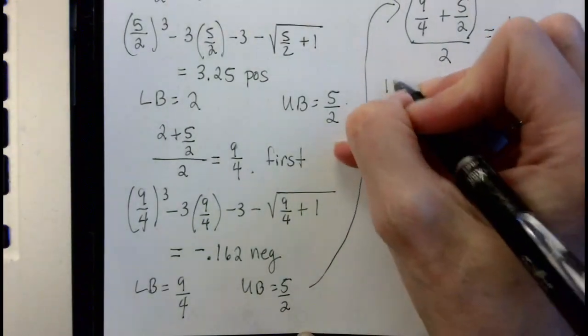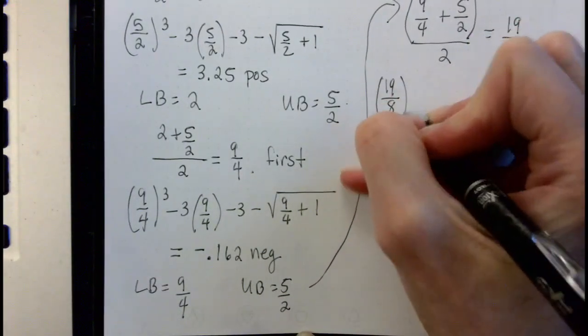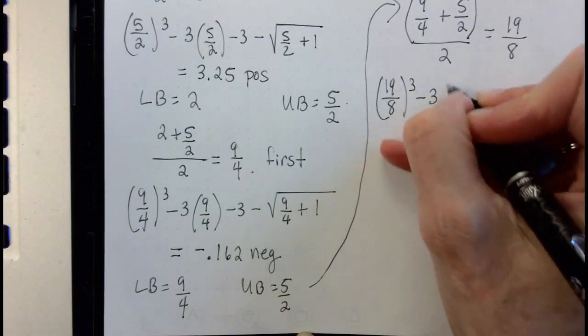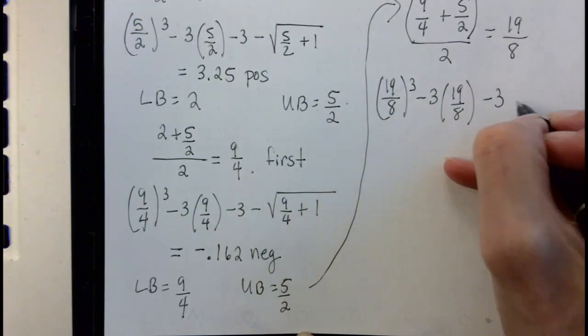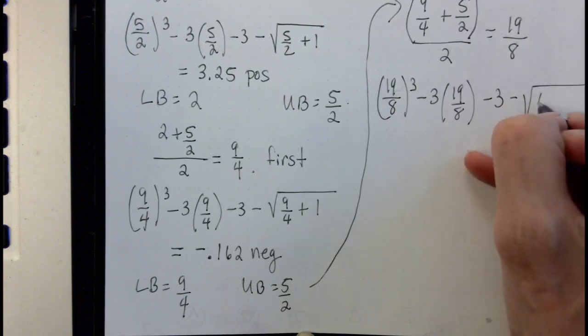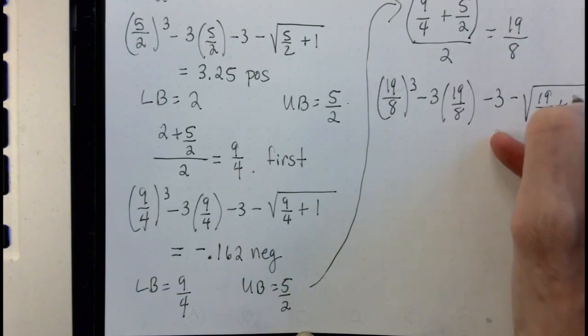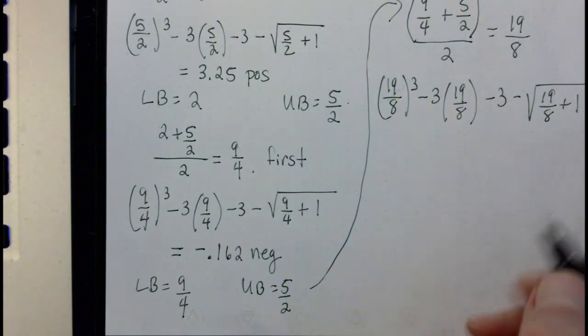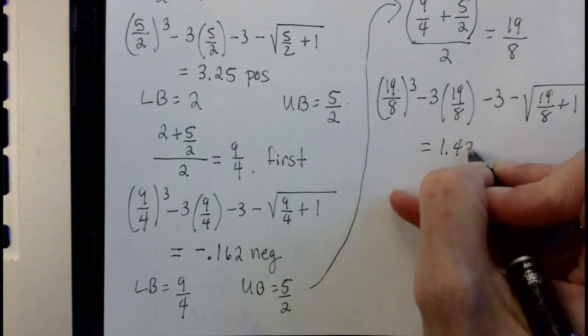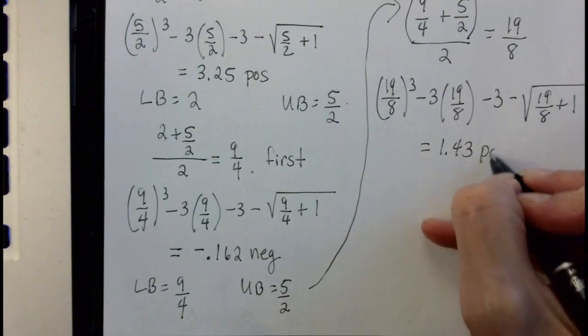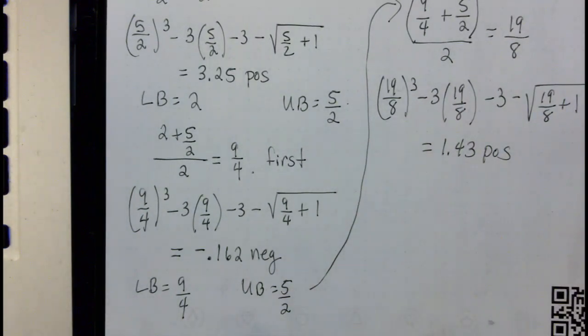And we get 19/8 cubed minus 3 times 19/8 minus 3 minus the square root of 19/8 plus 1. When we type that in, we get 1.43, which happens to be a positive value.